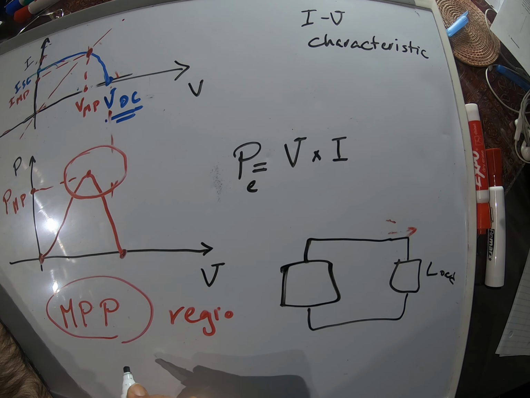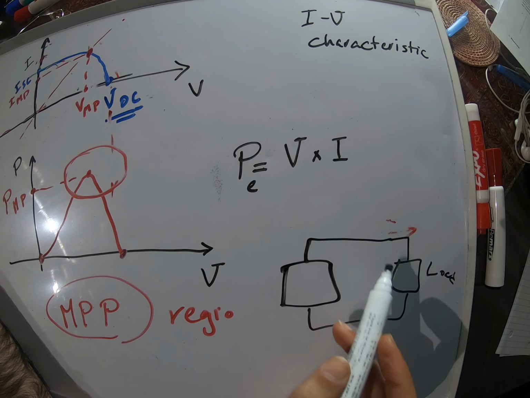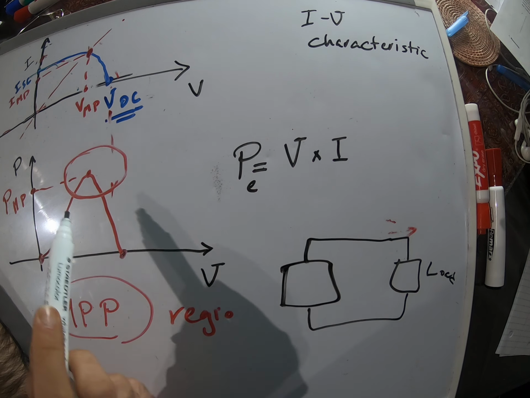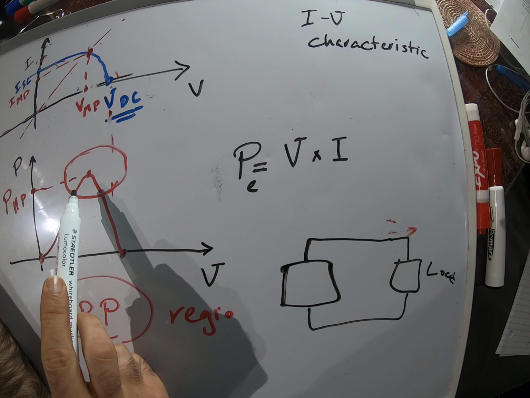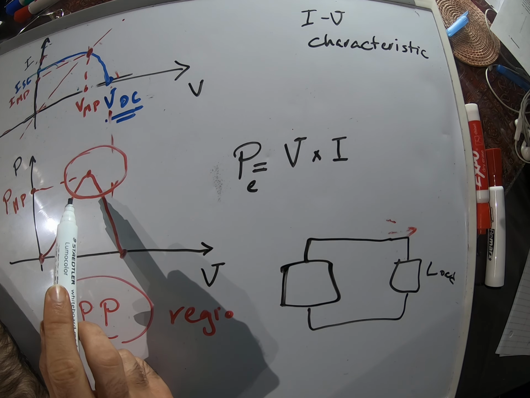Does it make sense to change the voltage of the load and the current of the load to get to this maximum power point? Not really, because our load has some operating voltage.